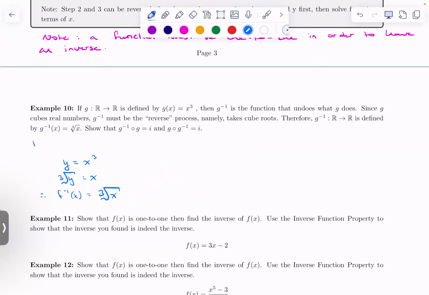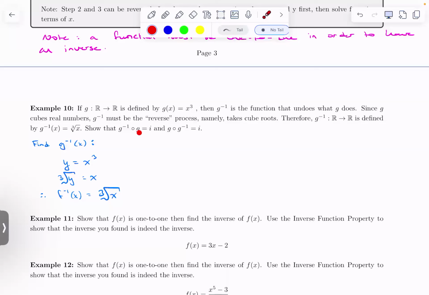I'll do it this way. Find G inverse of x. Now, in order to prove that it is the inverse, we're going to show these two compositions.